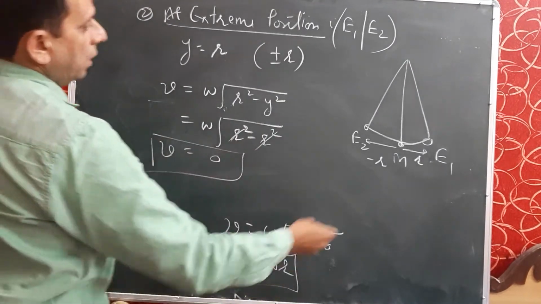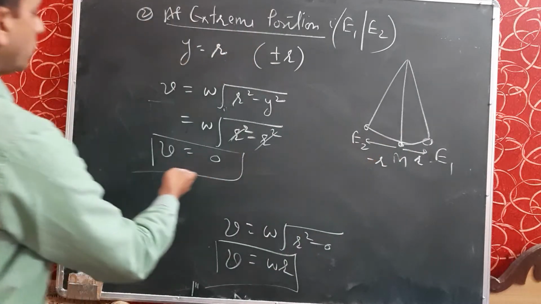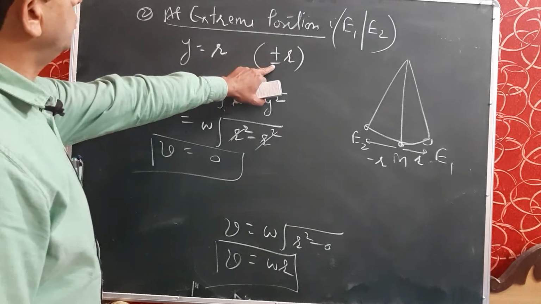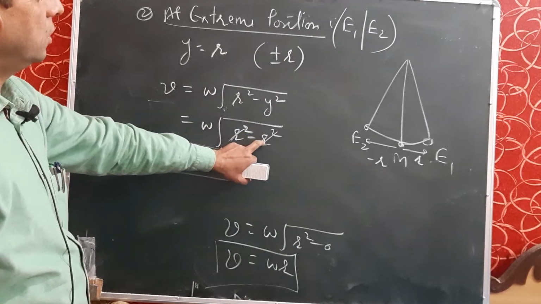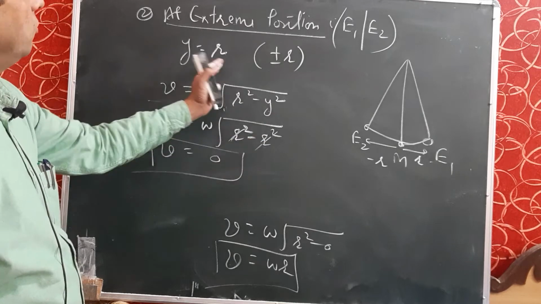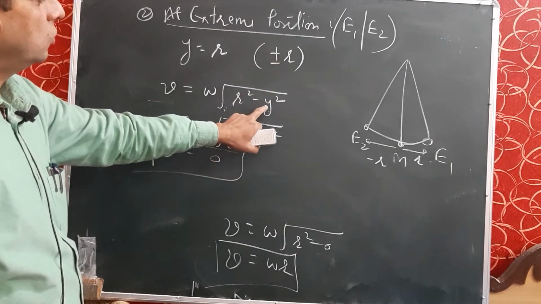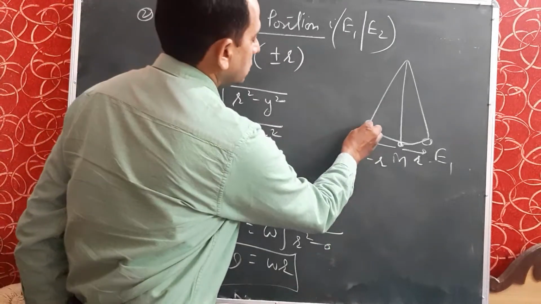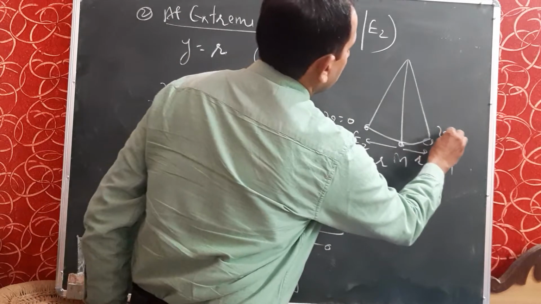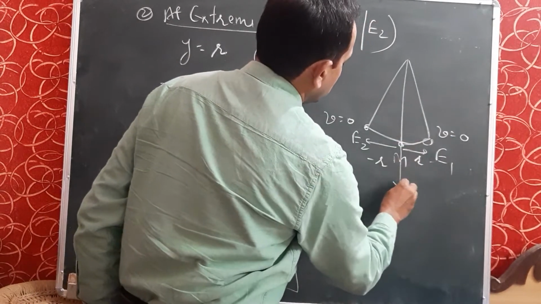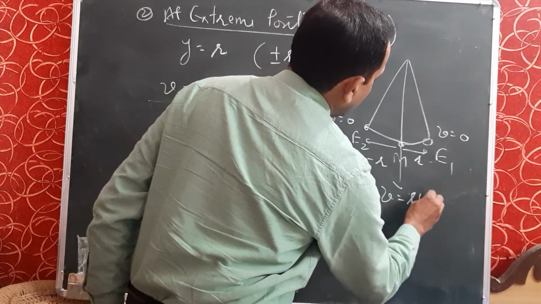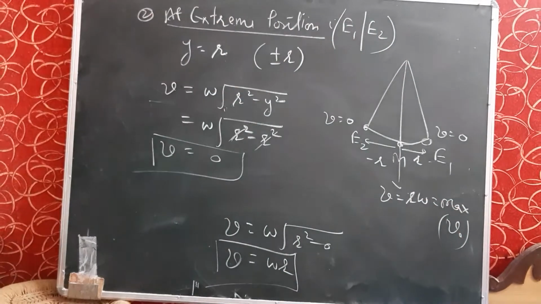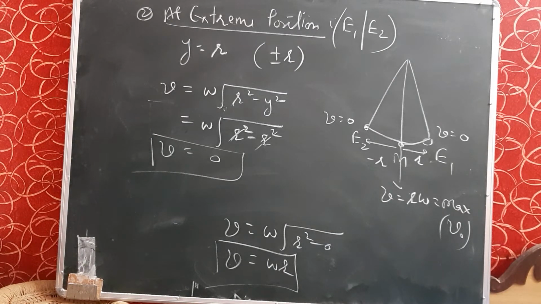So at extreme position 1 or 2, velocity becomes 0, because when you put the value y as plus r, again we will get r square, and when we put minus r, the square of minus r is also r square. So at these positions velocity is 0, and at the mean position velocity is r omega, that is maximum, or v naught. So these are the special cases for velocity.